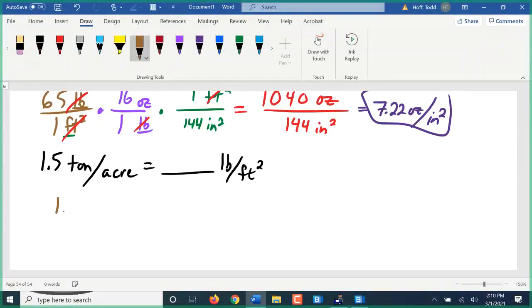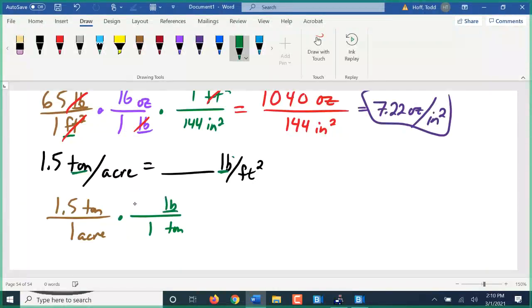So again, we start out as 1.5 tons over 1 acre. We have to get rid of the tons. The tons are going to have to become pounds. Tons on bottom and pounds on top. We know that 1 ton is 2,000 pounds. That's our relationship. So the tons have canceled out. We now have pounds per acre.